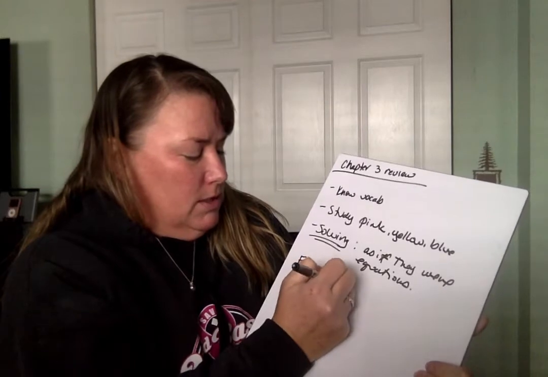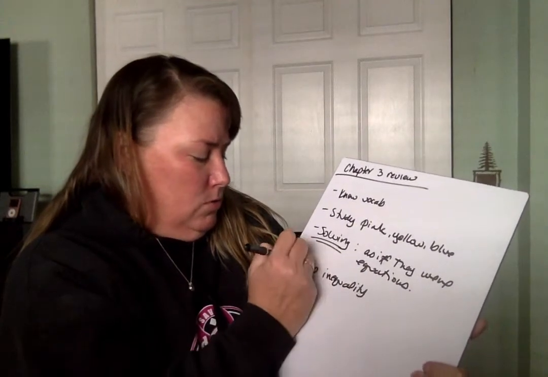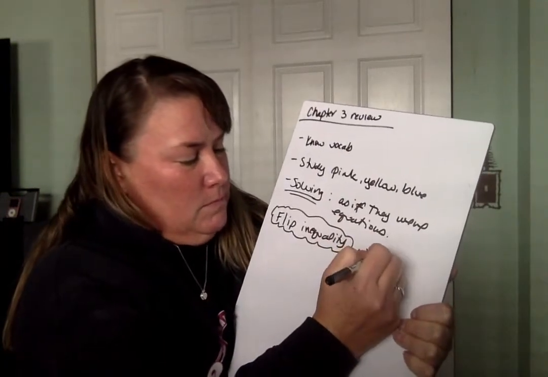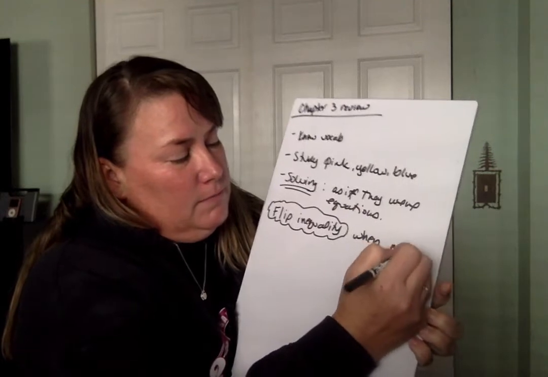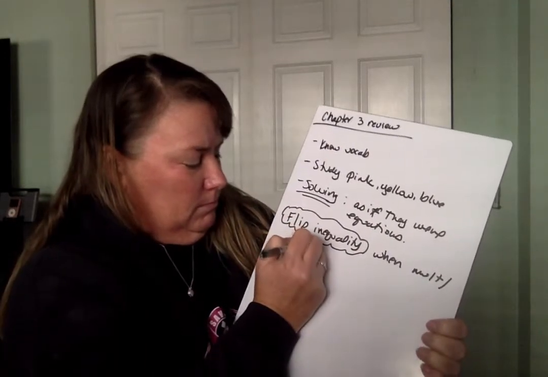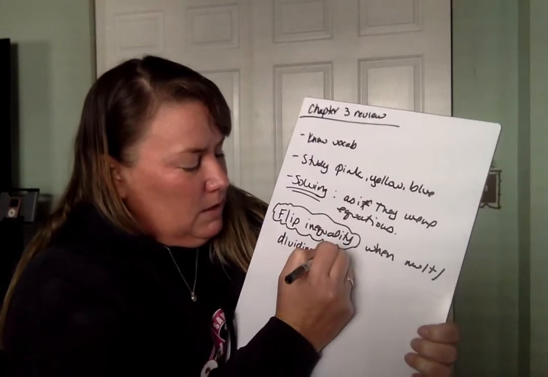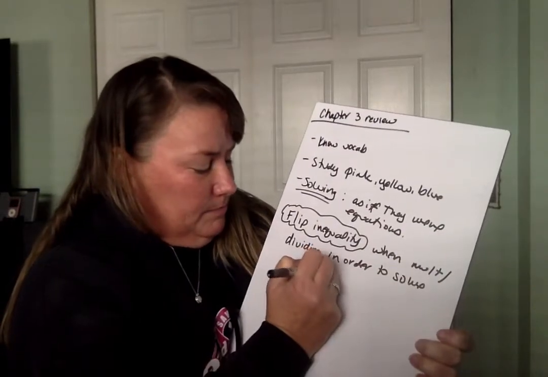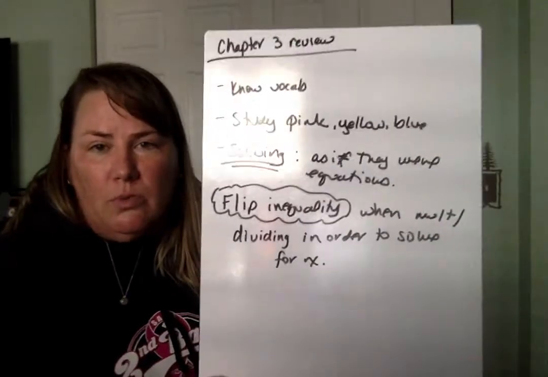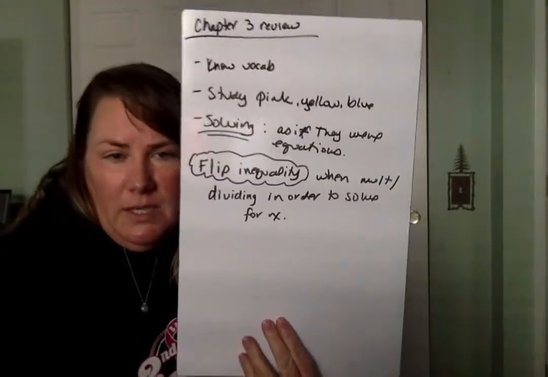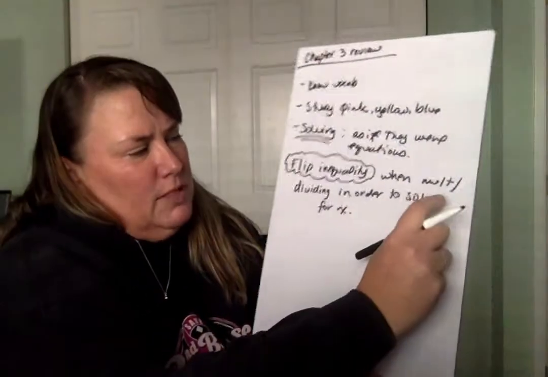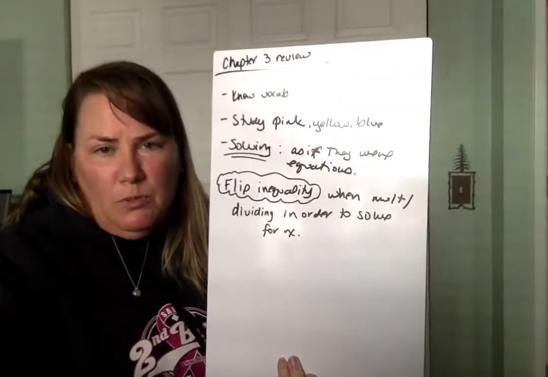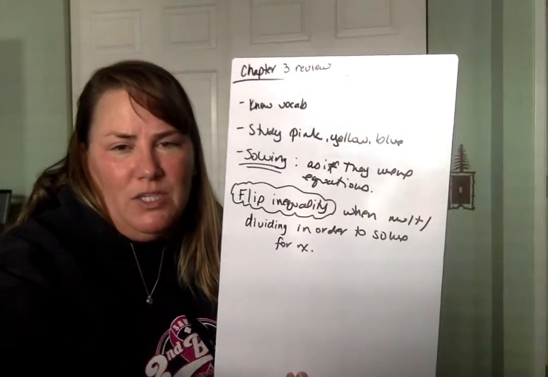So flip the inequality when multiplying or dividing in order to solve for x. But also remember another way of thinking about that. If your last step is multiplying or dividing, then you have to flip it because that means your best friend is negative.